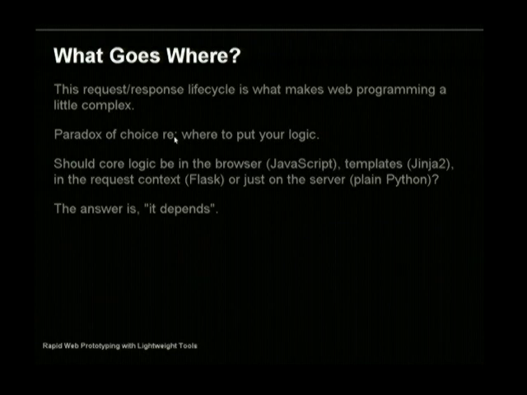And a big question that comes up is, what goes where? So now you've got a Python web app context controlled by Flask. You've got potentially a module that has all of your business logic, right? You've got templates. You've got HTML, Bootstrap, and JavaScript, right? And so the question is, do I put my core logic in this JavaScript bootstrappy thing, or do I put my core logic on the Python side?